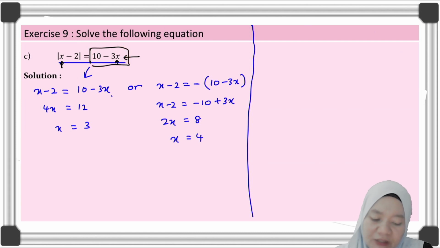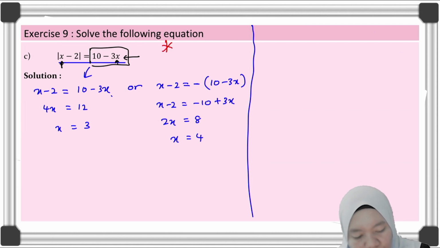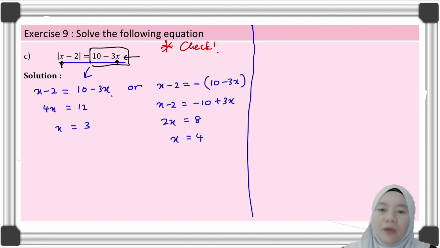Okay, dia mungkin boleh jadi positif, bila kita ganti, dia mungkin boleh jadi negatif. So, kemungkinan left hand side dah tak sama dengan right hand side. Itu sebab untuk soalan ini, kita perlu check. Kita perlu semak. Disebabkan di sebelah kanan kita ada unknown dan tak ada absolute value.